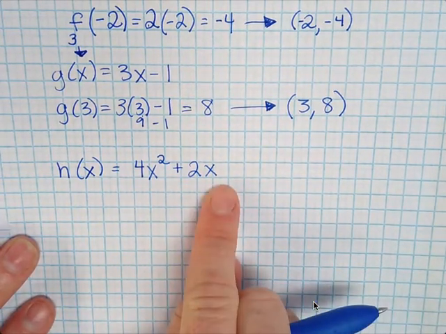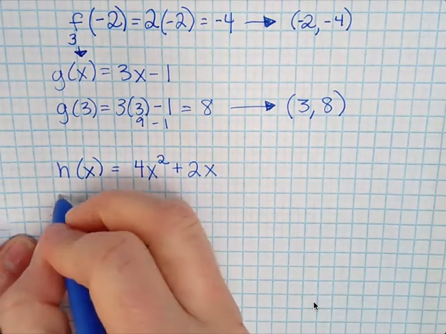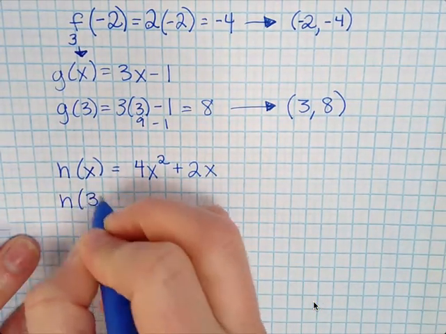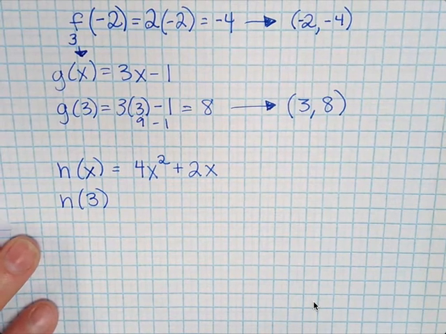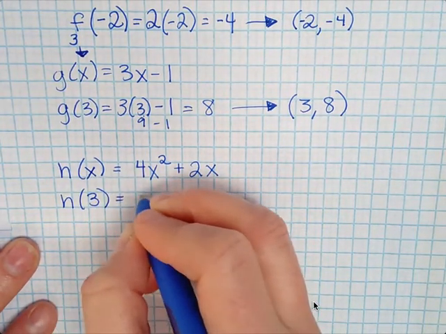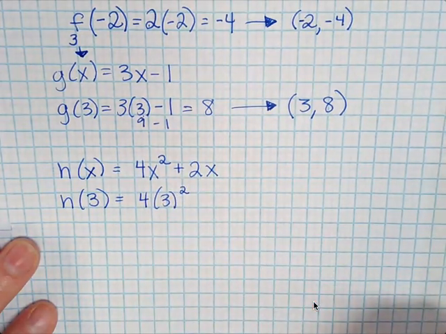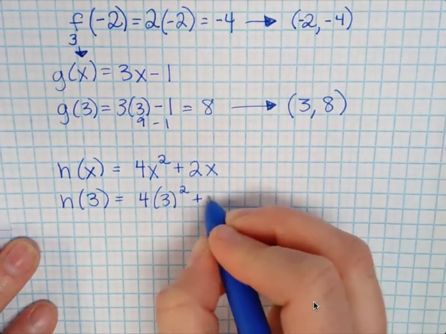So this one has an x here and it has an x here. We're going to plug in 3. So h of 3. So anytime I see an x, I'm going to plug in the 3. So this will be 4 parentheses 3 squared plus 2 times 3.